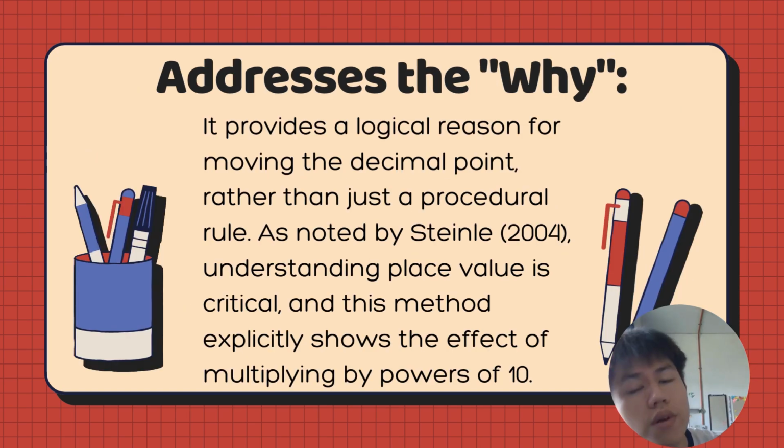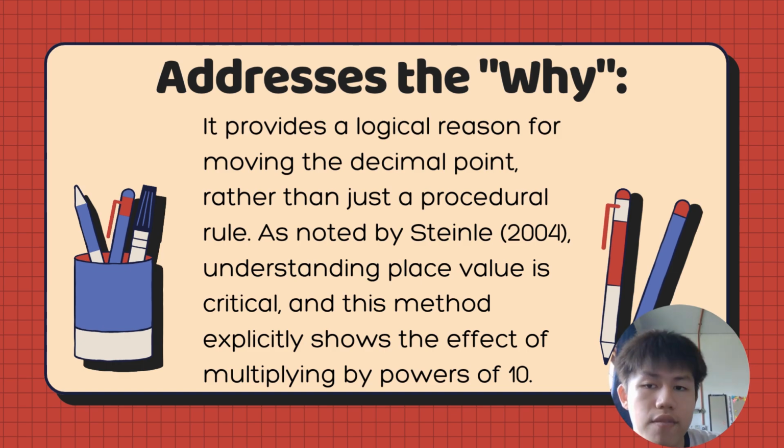All right, so we continue with addressing the why. This is the most critical part, because it actually answers the why behind the procedure. It replaces the magic tricks that we have learned with mathematical logic, and the best way to illustrate this is with a real world analogy that students can instantly get, which is money.